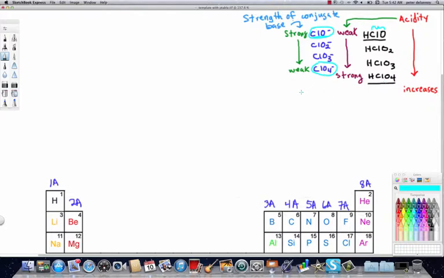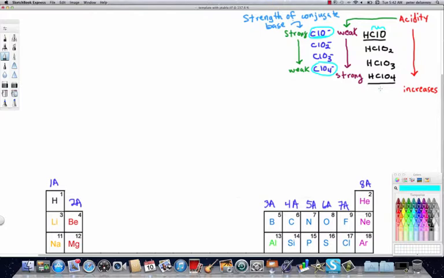Now, the argument in many textbooks that's made to account for this is that as we go from hypochlorous acid to perchloric acid, we're adding an additional oxygen atom in each case, from the weakest of the acids to the strongest.